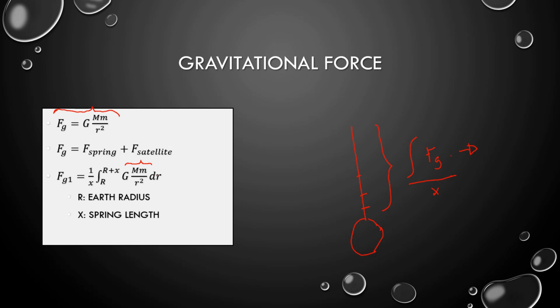We integrate with respect to x, and then we divide it by x to get the average gravitational force. We are now going to calculate the gravitational force for the cable, and we omit the satellite, the counterweight, if you want to call it like this.